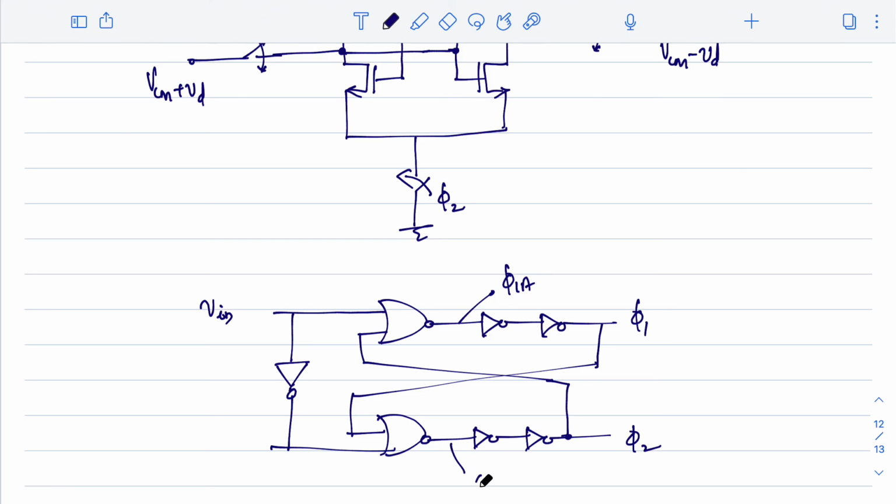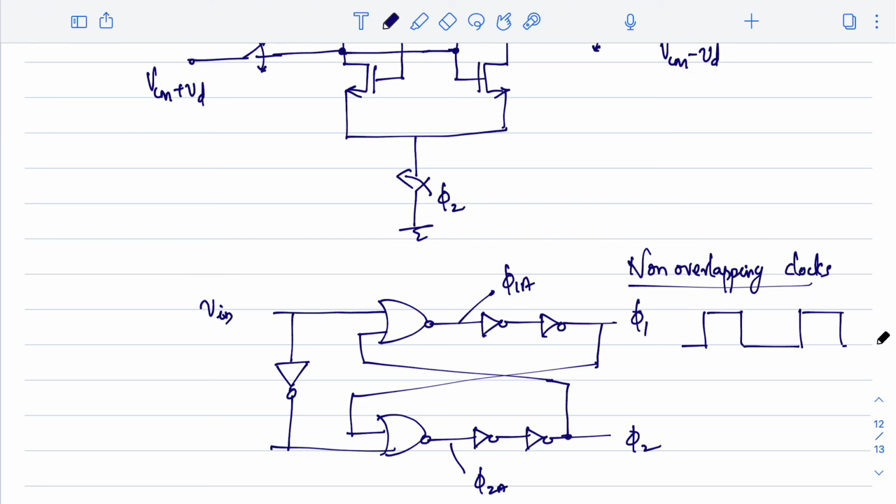Similarly, if you want an advanced version of phi 2, you can take it from here. This is one simple circuit which can give you non-overlapping clocks. If you look at phi 1 and phi 2, it will be like this. Both will not have on time together. Both clocks will not be high during the same time. So this is about the non-overlapping clock.